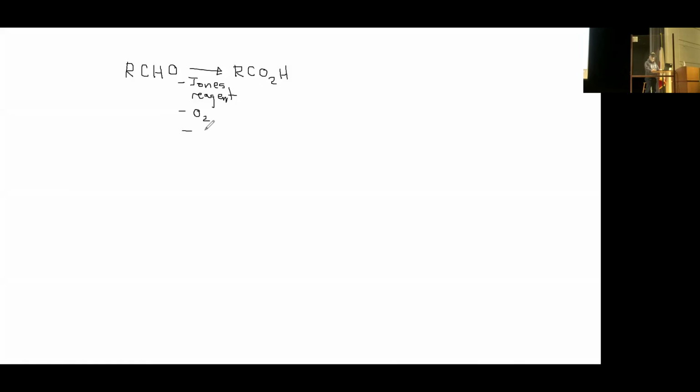Other oxidizing agents that work, one of them is silver 1 oxide, Ag2O. It's another pretty good oxidizing agent. Silver is here in the +1 oxidation state. Silver doesn't like being an ion. That's why we make so many things out of it. It would much rather get reduced from silver +1 to silver metal, silver 0.